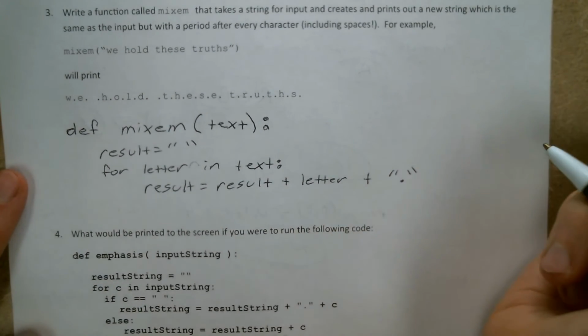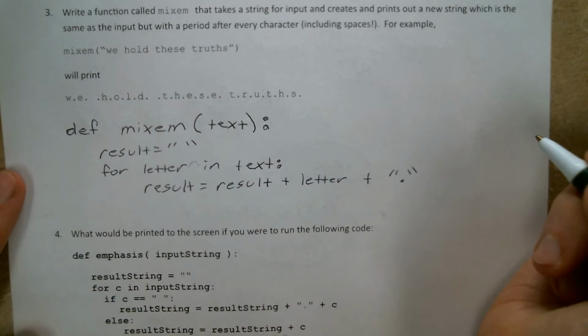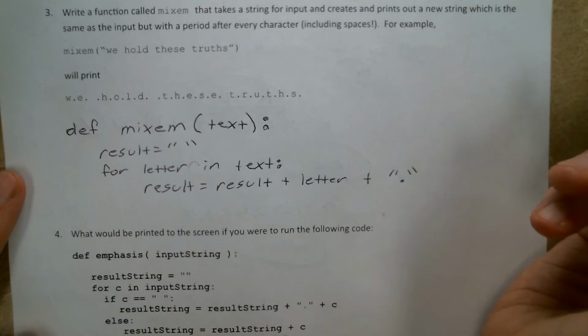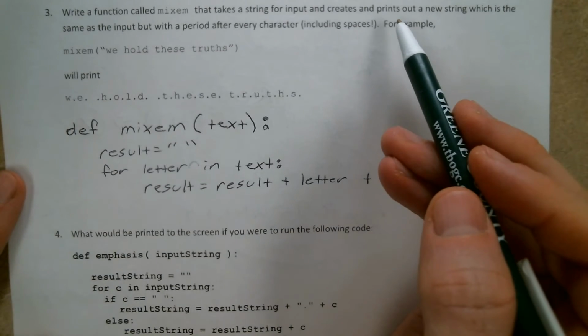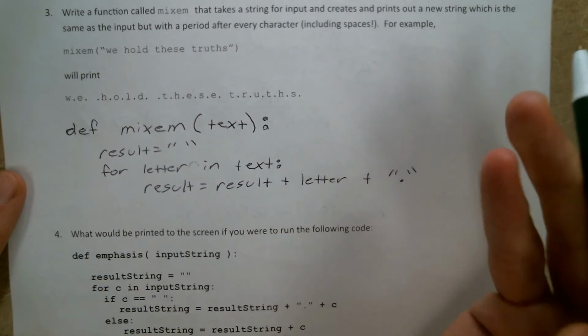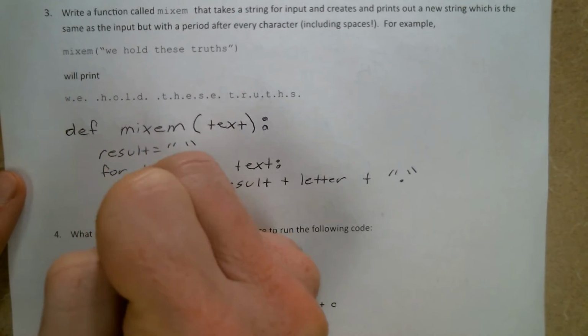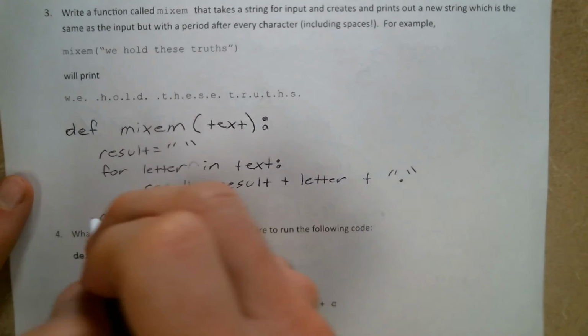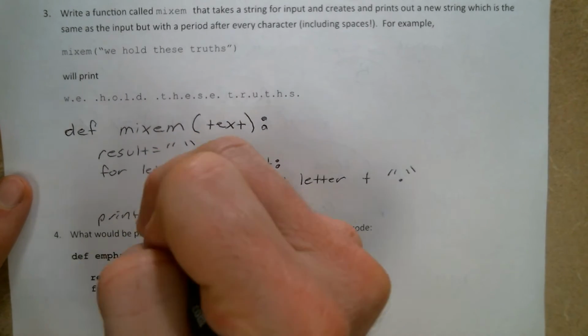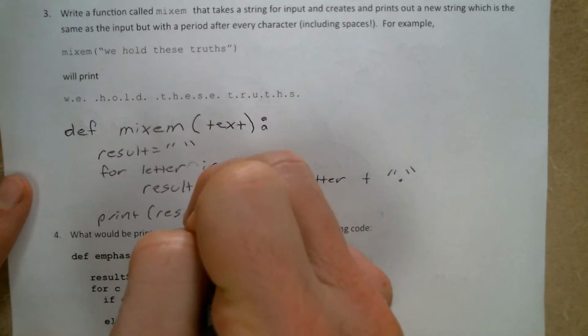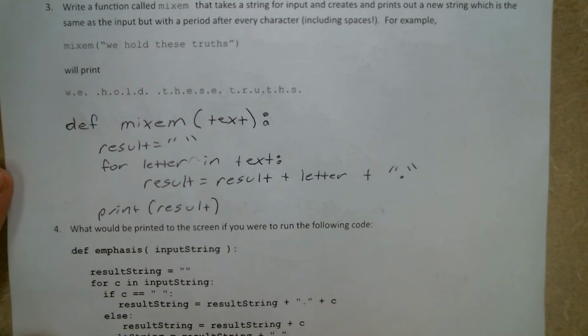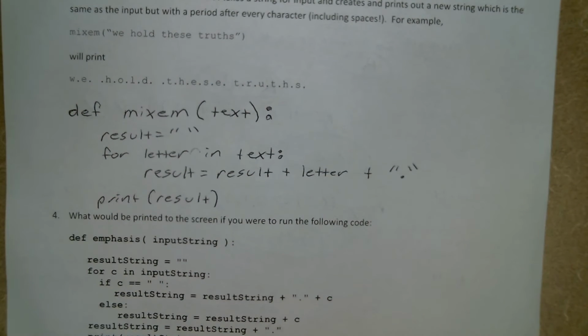So that's just going to stick a period after every single letter. And then at the very end, when our loop is done, this one doesn't say to return, it says to print out. So we're going to say print, again, outside of the loop, so I'm reducing my indent. I'm going to print result. But this would put a period after every single letter.